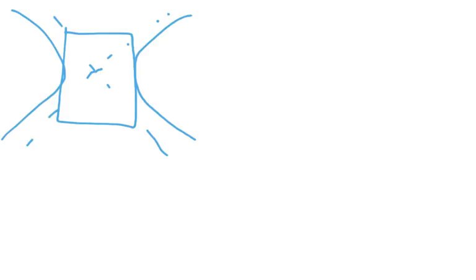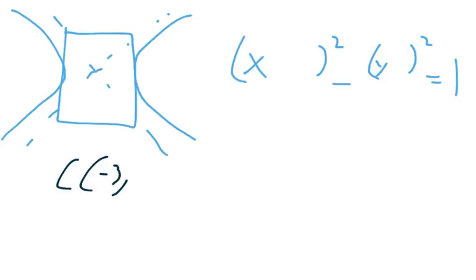For problem number 2, we have an ellipse, and because this is a sideways ellipse, I know the x is going to come first, and the y is going to come second, and then I want to figure out where the center is. The center is at -3, 2, which means this is x plus 3 squared, and y minus 2 squared.